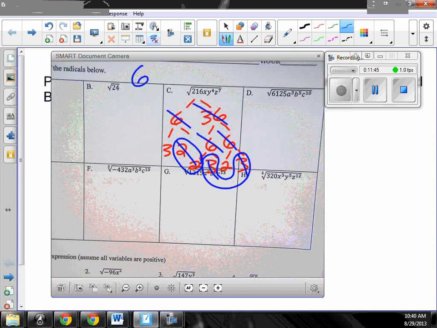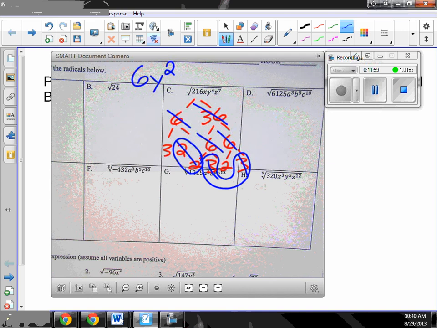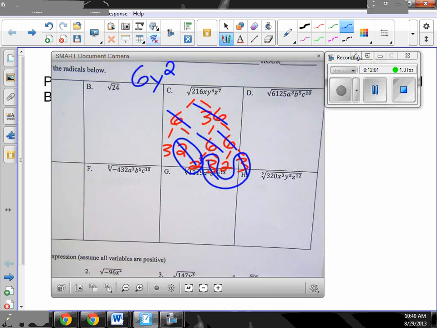So I bring out 1 y for each pair, and I get y squared. Anybody not understand why that's the case? For every 2, I bring out 1. How many y's did I have left over? I had 2 pairs and none left over. So for every pair, you bring out 1, and there were no y's that did not belong to a group.